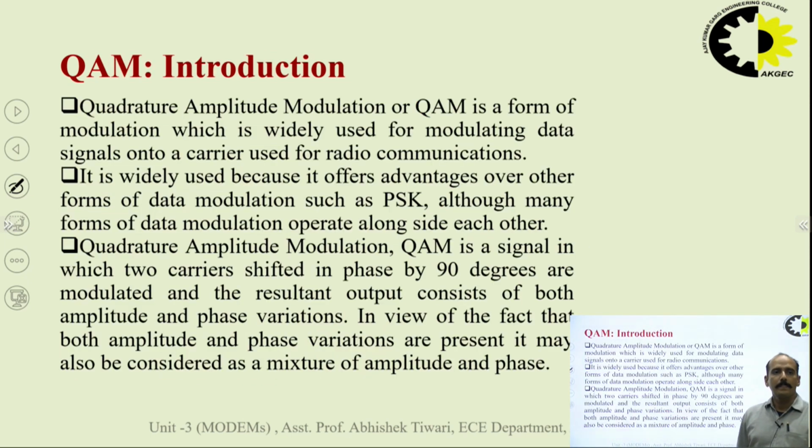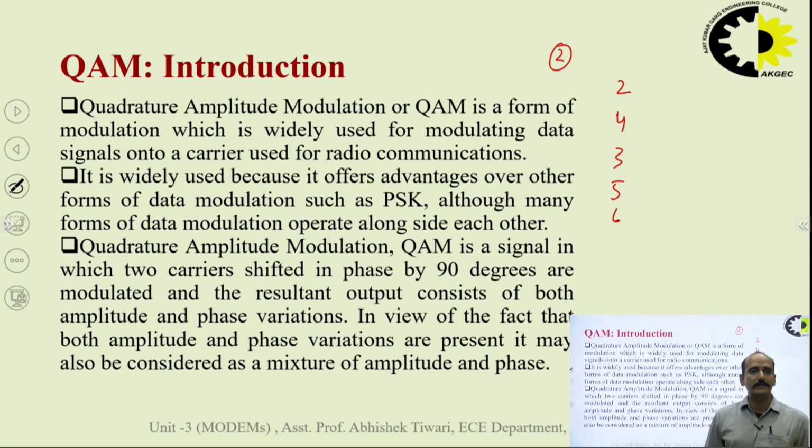So now about the QAM modulation. Actually in QPSK you are taking 2 bits at a time, but in QAM there is no constraint on the number of bits. We can use 2 bits, 3 bits, 4 bits, 5 bits, 6 bits, and as per these bits we are going to create the QAM system.